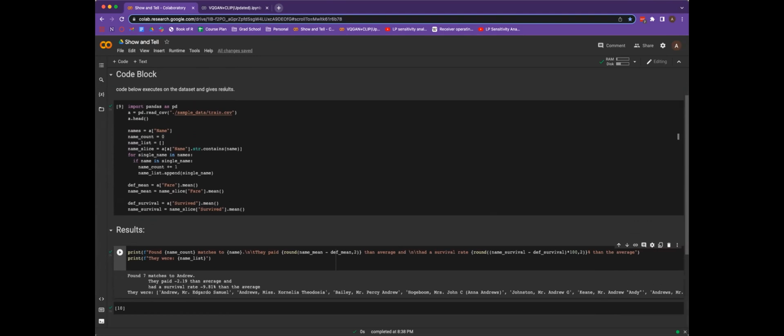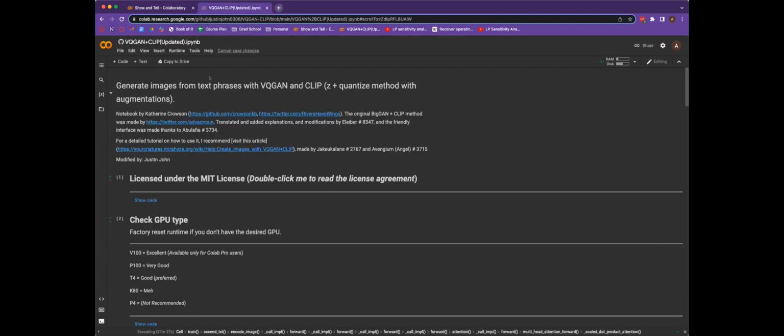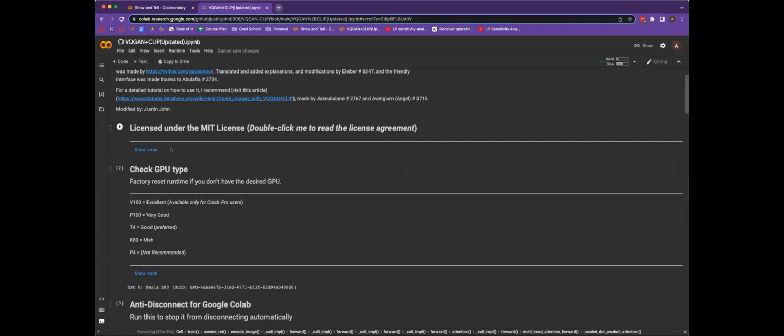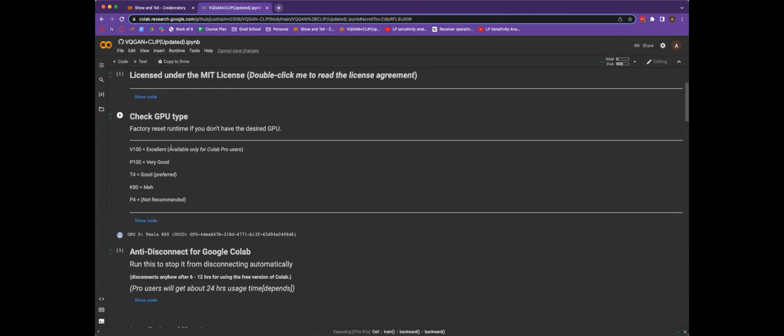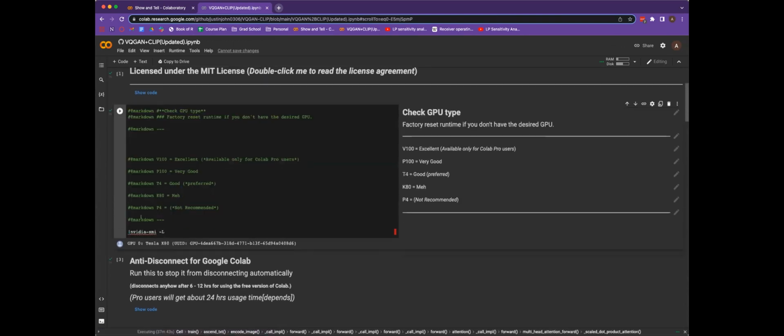But where I first encountered this was that there are different models and packages that you can use to create AI generated art, right? I was investigating that probably a couple of months ago, and I was led to this notebook where they've put the code in the background here. You can still see it if you click show code here.